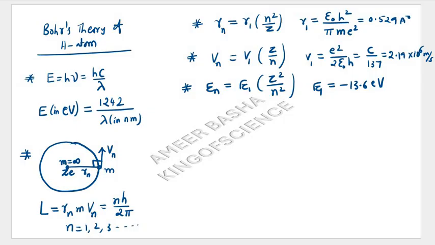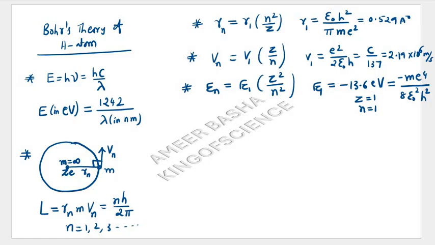This is for Z equal to 1 and n equal to 1, the ground state energy of the hydrogen atom. Actually, this E1 is minus m e power 4 divided by 8 epsilon naught square h square. The entire value comes out to be 13.6 electron volts.